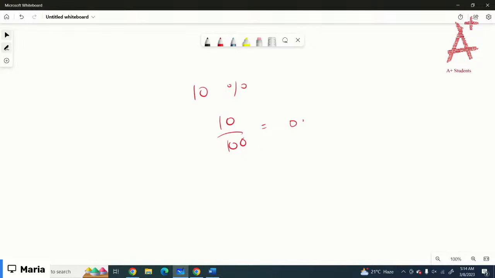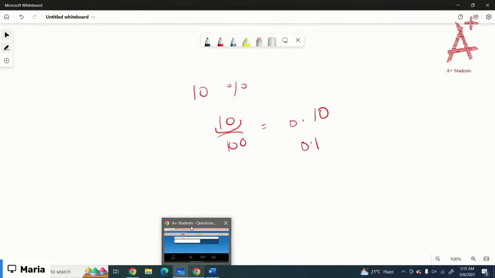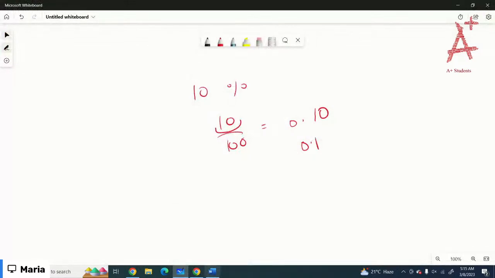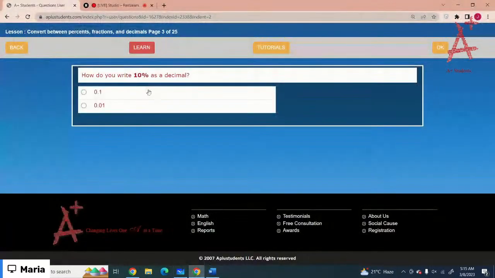That is 0.1, it is not 0.01. You have to move the decimal point two places left. So that is just 0.1. You have to divide it by 100. It would be 0.1.